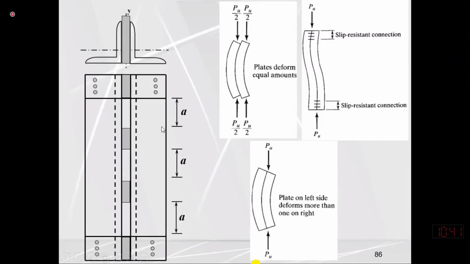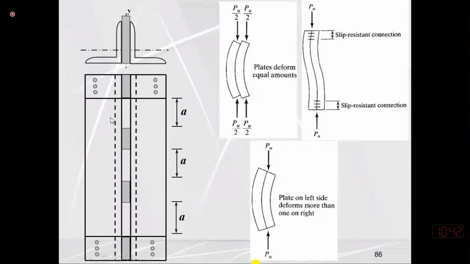So I told you that we do not want any local buckling or buckling of a single section before the buckling of the built-up section. So what we do, we know that buckling is a function of slenderness ratio. So we keep the slenderness ratio of this unconnected single section portion less than the slenderness ratio of the built-up section.